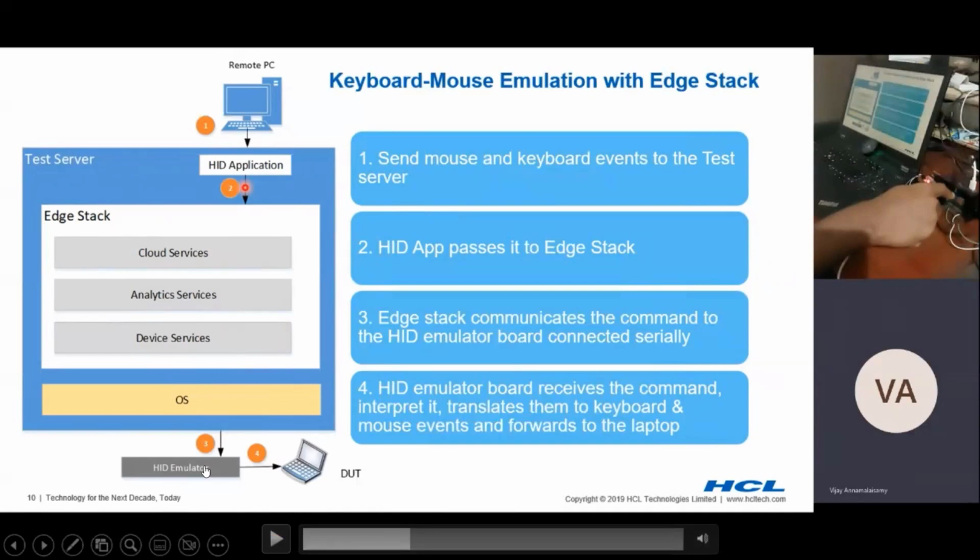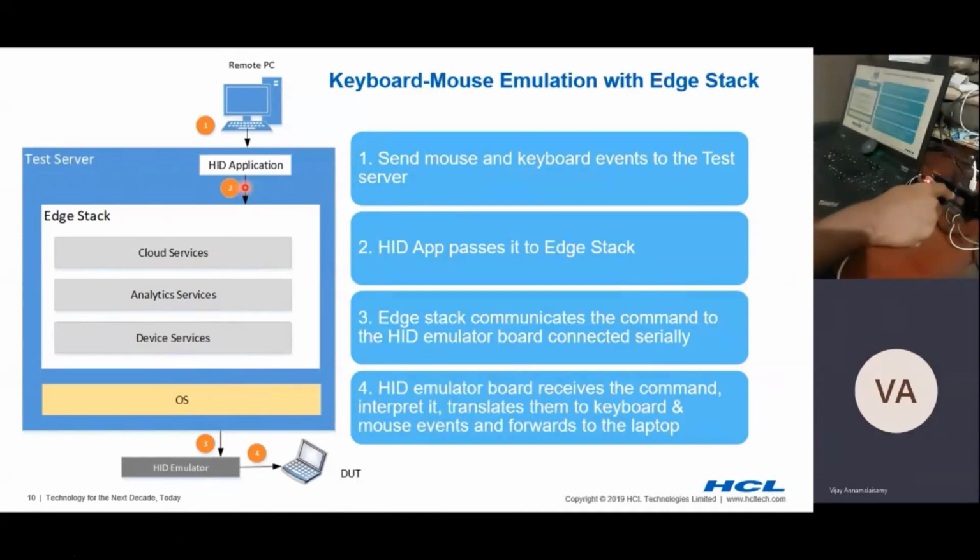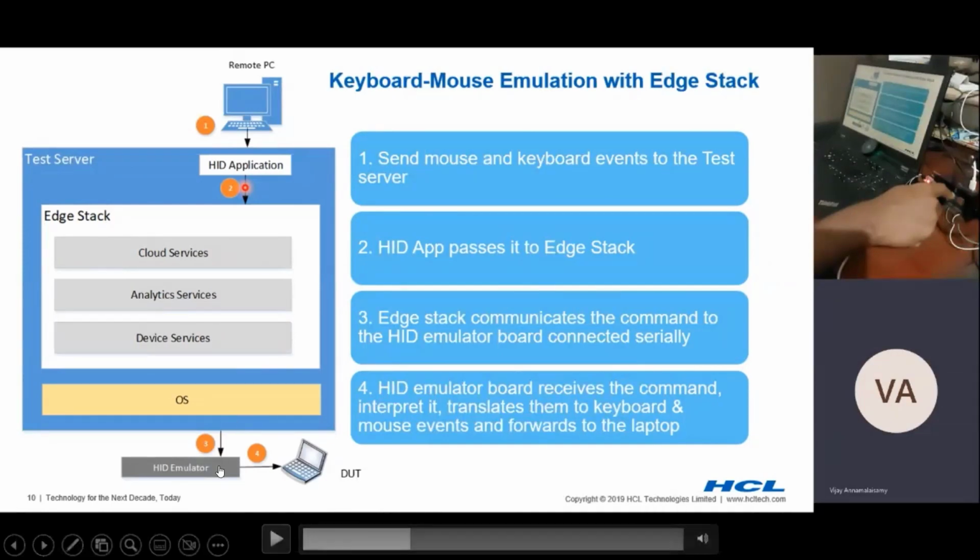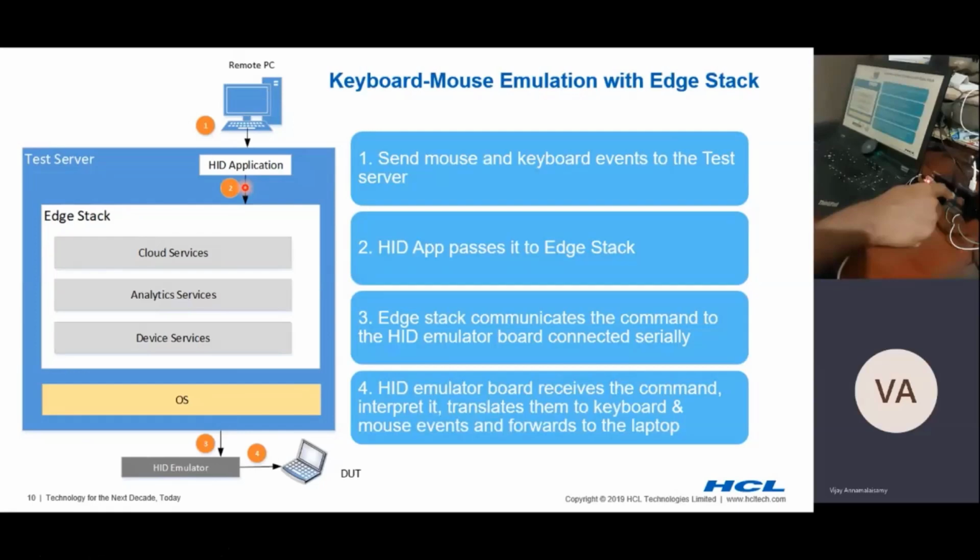We also used a HID emulator, which receives the mouse and keyboard events serially from the Raspberry Pi through UART, and converts the corresponding events into keyboard and mouse actions. The test server, the emulator, and the DUT are all in the same location. This is the remote PC, from which we would be sending the required mouse and keyboard events.